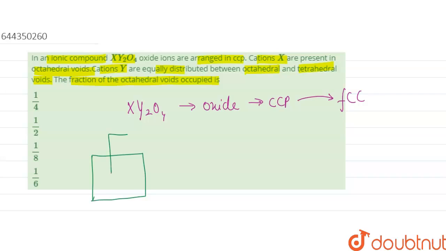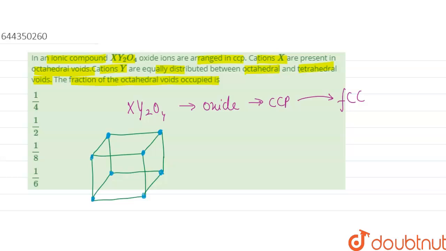This is our cube, and we all know there are 8 corners in a cube and 6 faces in a cube. Here we can clearly see that there are 8 corners present: 1, 2, 3, 4, 5, 6, 7, 8. In FCC, the particles are present at the 8 corners as well as the face centers of the cube.